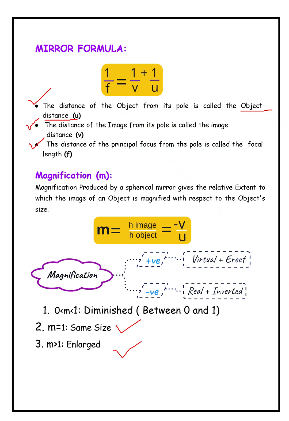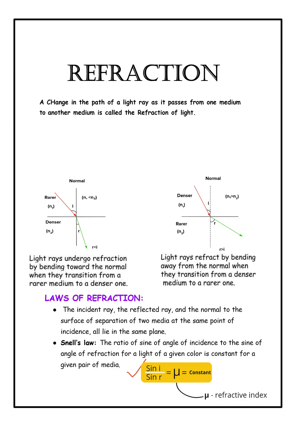Okay. The next point is refraction. The change in the path of a light ray as it passes from one medium to another medium is called refraction of light. So basically, refraction of light is the bending of light. In the first diagram, the light rays undergo refraction by bending toward the normal. The normal is the perpendicular line on the surface.